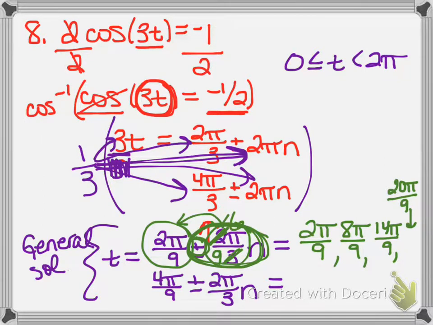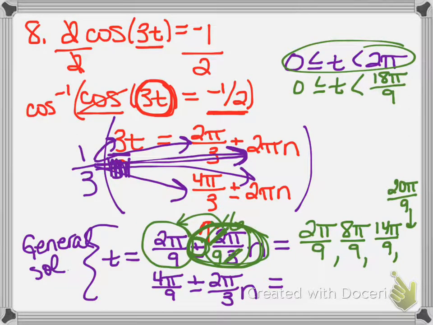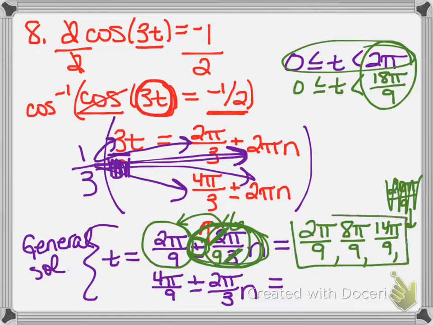If our answers are all in terms of pi ninths, then what this domain restriction is telling us is that we're going to generate all of our answers in between 0 and 18 pi ninths, because 18 over 9 is equivalent to 2. And so 20 pi over 9 is too big. And so there's the 3 answers that this one general solution generated.